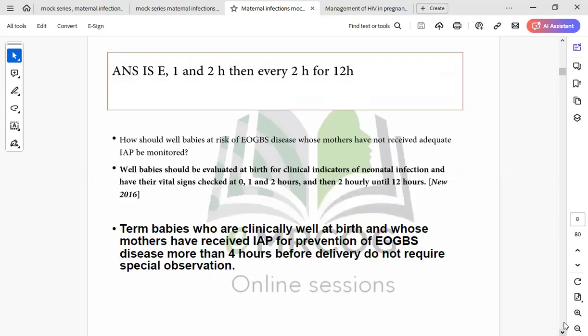If the baby is clinically well and the mother received IAP for more than 4 hours before delivery, he is not going to require special observation. Special observation means more frequent observation.